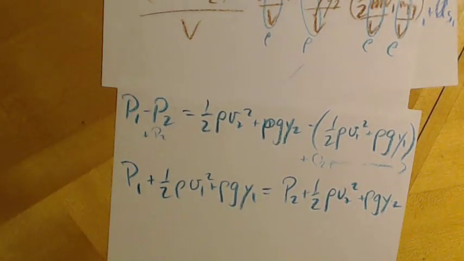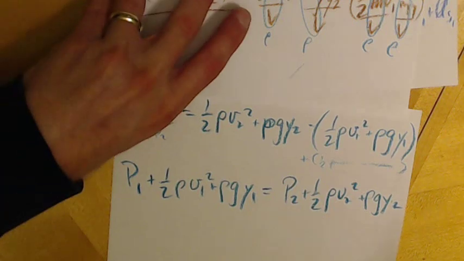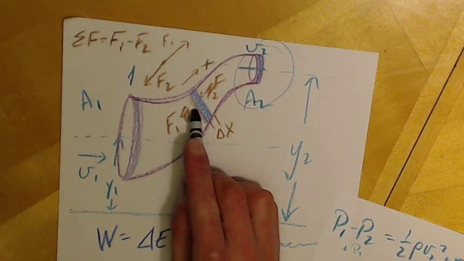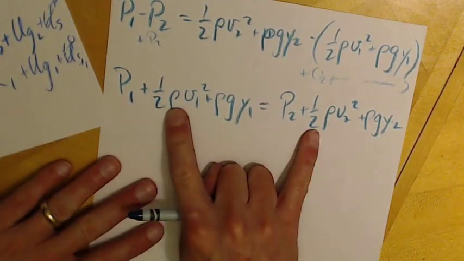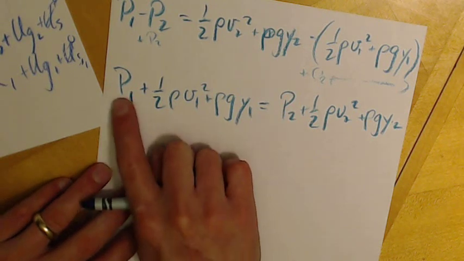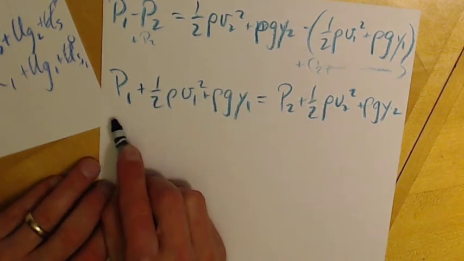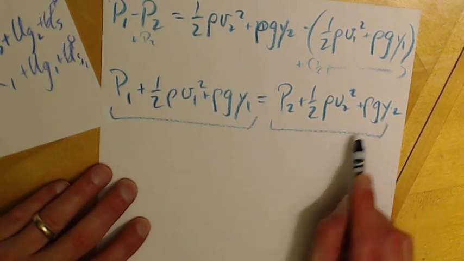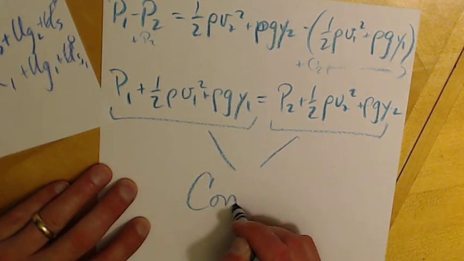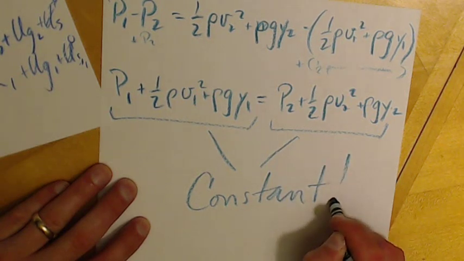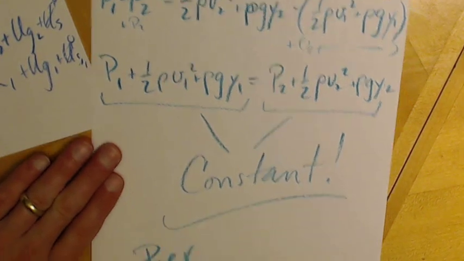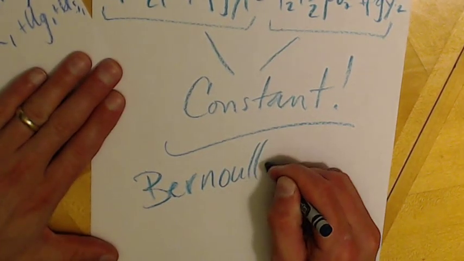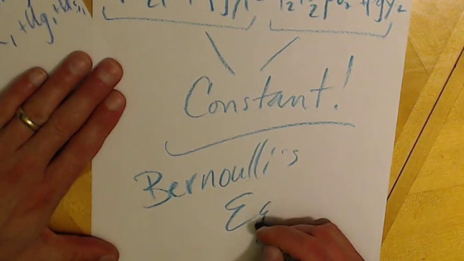What does this mean? As the fluid changes states through this pipe, these three terms on that chunk of fluid, as I rotate them around, stay the same. This is Bernoulli's equation.